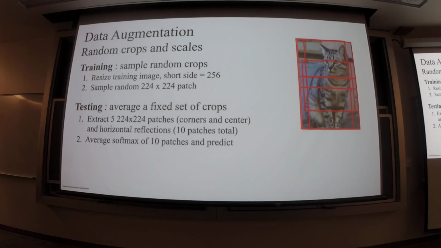Why did the crop not capture the cat? Yeah. So you would think maybe we shouldn't do that because it doesn't capture the cat. In general that can happen. However, because you're doing so many of these, you'd expect that of all the random crops you could do, most of them would have something cat-like in them.